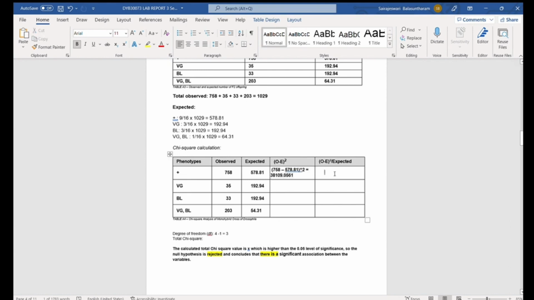The answer that we got just now, we need to divide by the expected phenotype. So 38109.0561 divided by 578.81, and that will result in 55.48. The same method was repeated for each phenotype, which is vertical, black, and vertical and black phenotypes.